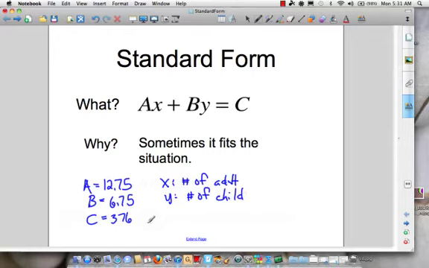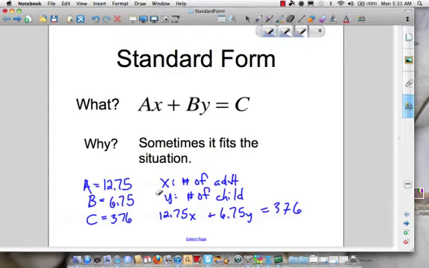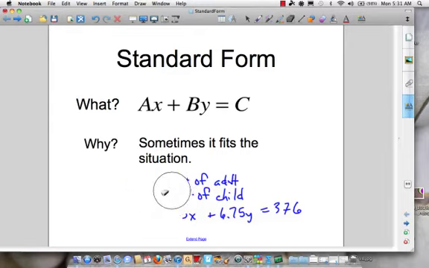Then the most logical way to write an equation to model this would be 12.75x plus 6.75y equals 376, because that's saying 12.75 times the number of adult tickets plus 6.75 times the number of children's tickets should equal the total amount of revenue brought in. So again, that's just a reason why you might use standard form. Sometimes it's the most logical choice given the situation.